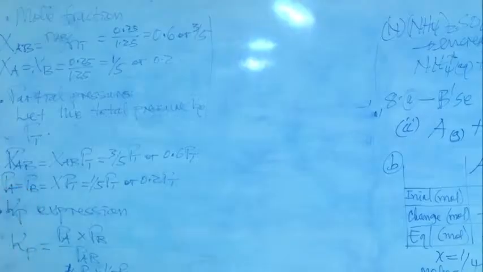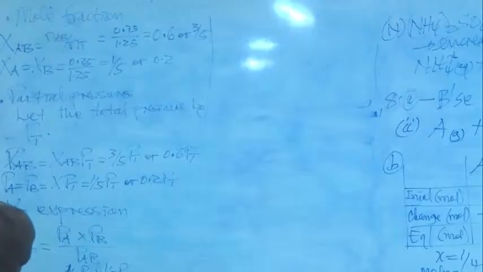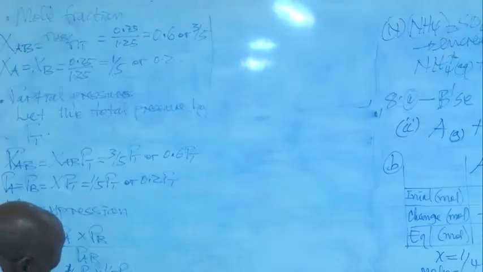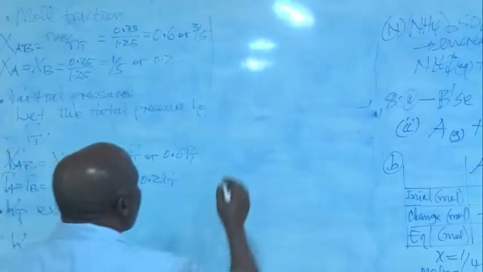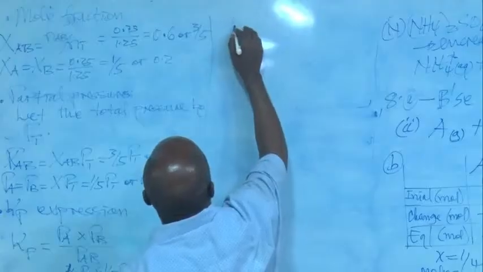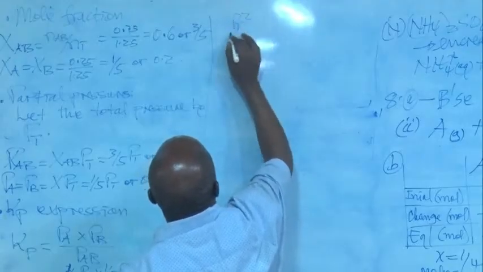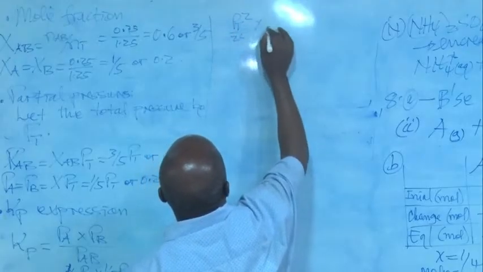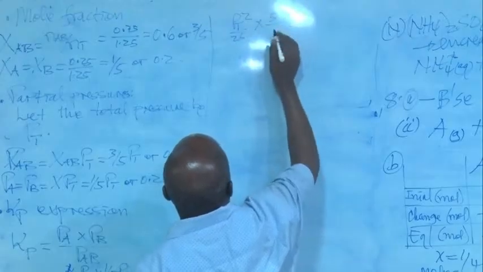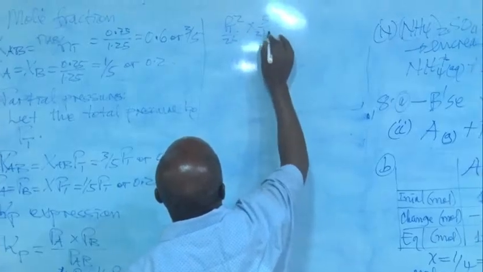So this is equal to Pt squared over 25, then you divide by 3 over 5 Pt. So this is equal to Pt squared over 25 times 5 over 3 Pt.